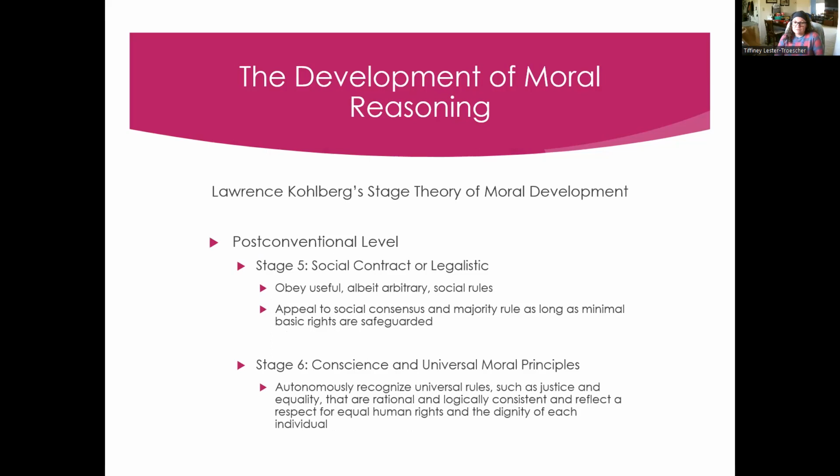If we're lucky, though, we get to the post-conventional level. All right, so we have stage 5, which is all about the social contract and the legalistic aspect. So our moral reasoning at this stage is all about obeying useful and arbitrary social rules. We will still appeal to the social consensus and majority rule, but as long as minimal basic rights are safeguarded. So we won't go along like in stage 4.